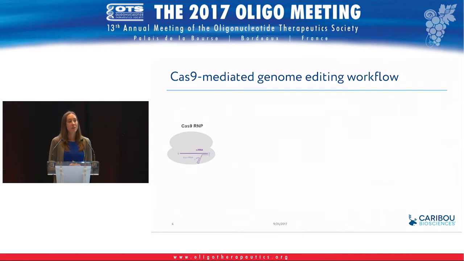The reason that this is our favorite methodology is that we, and many groups, have now observed this leads to the fastest kinetics of editing and the highest efficiency of editing. Additionally, it tends to result in the lowest off-target effects as well.